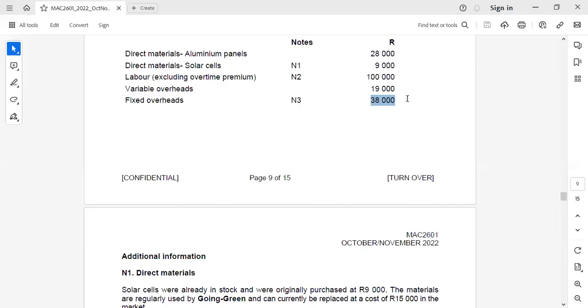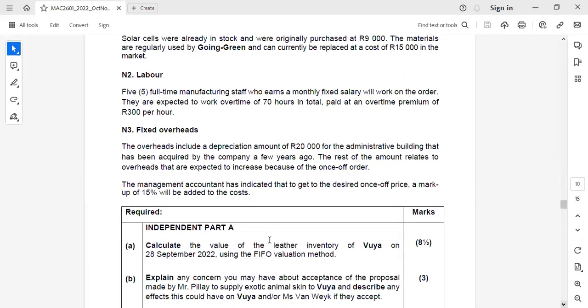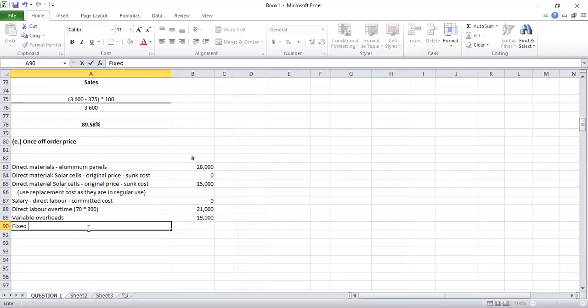Right, fixed cost 38,000. We have to read N3. The overheads include a depreciation amount of 20,000 for the administrative building that has been acquired by the company a few years ago. The rest of the amounts relates to overheads that are expected to increase because of the once-off order. Right, so the one for the admin building, we're not going to include it. The depreciation is not related to the order.